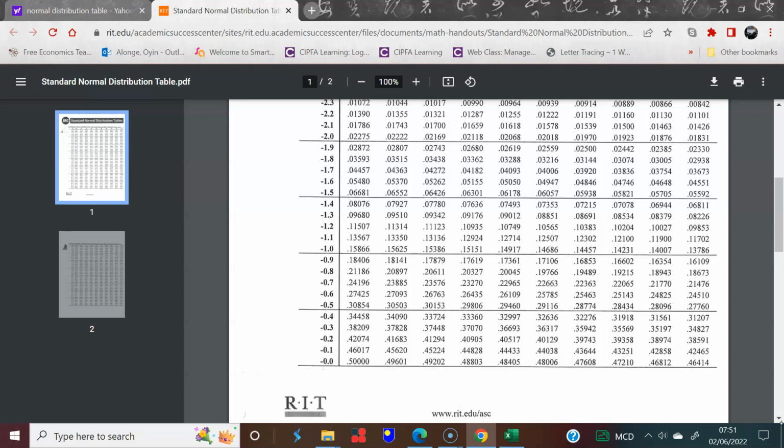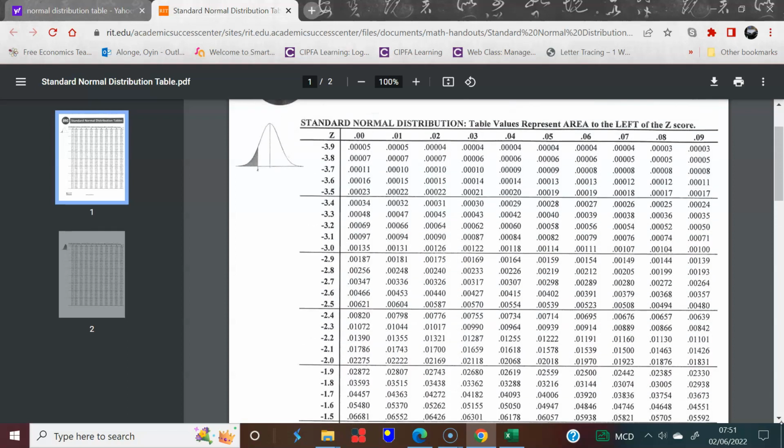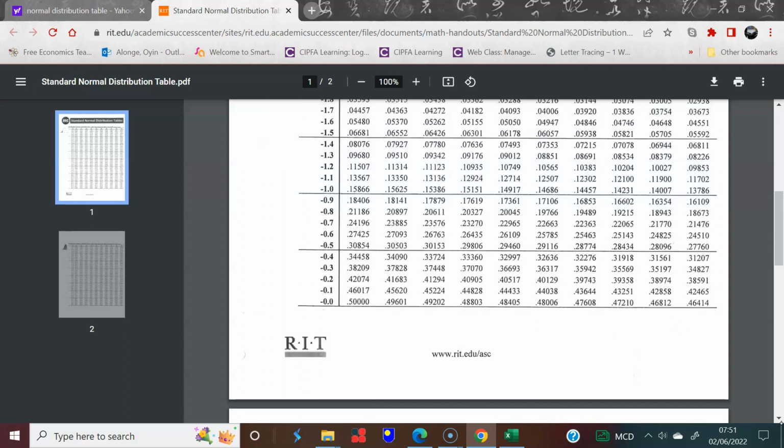If you look up here, this is the second decimal. This is like minus 3.91, minus 3.92, minus 3.93. But coming down here, I'm at minus 5. And that's here. And that's 0.3085. So that's 30.85%.